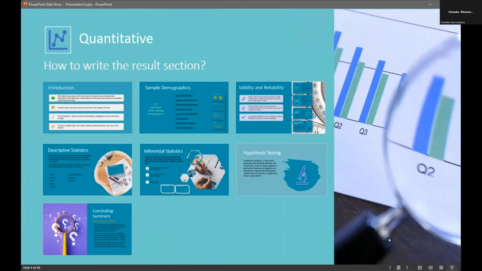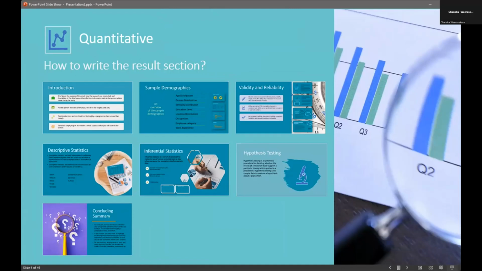So let me recap the things that we discussed. The results chapter should start with the introduction. Then you should provide sample demographics. Then go for reliability and validity. Then present the descriptive statistics. After that, you can present inferential statistics. After that, you can present the testing of your hypotheses.